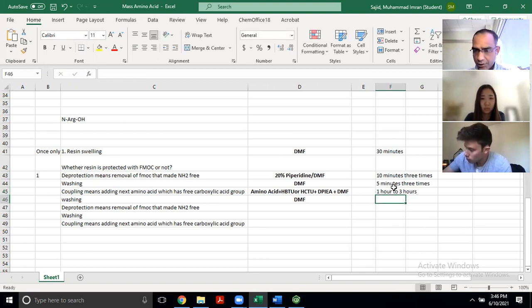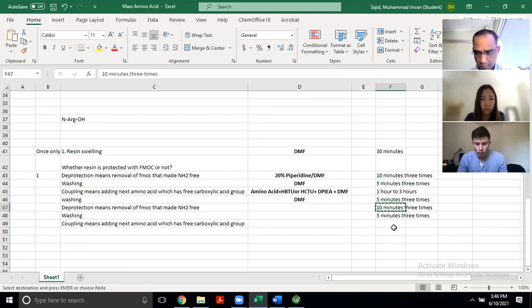Then again washing. Washing is the same. Copy, and I will paste it here. And then deprotection is same. Control C, Control V, and then washing is same, and then coupling is same, and continue.